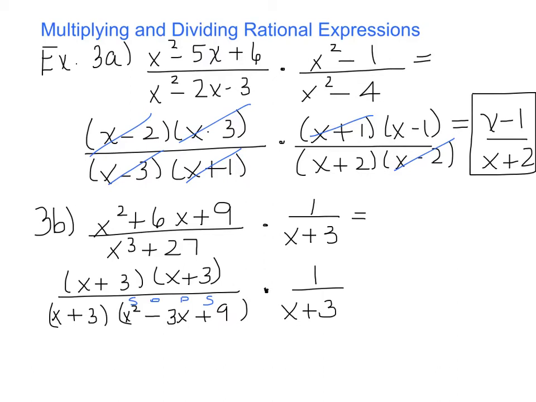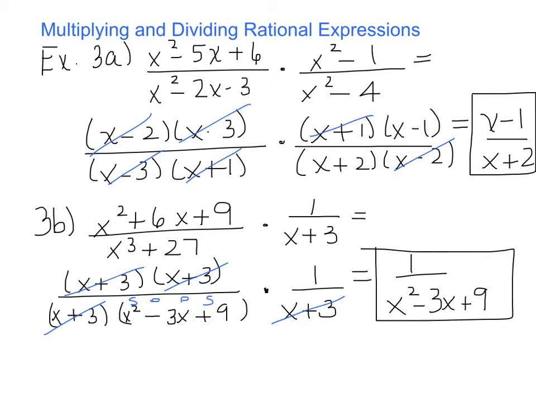Okay, so I'm going to divide. This divides to 1. This divides to 1. So the only thing that's left is 1 over x squared minus 3x plus 9. And then you're done. So factor every term completely, and then you can divide it out.